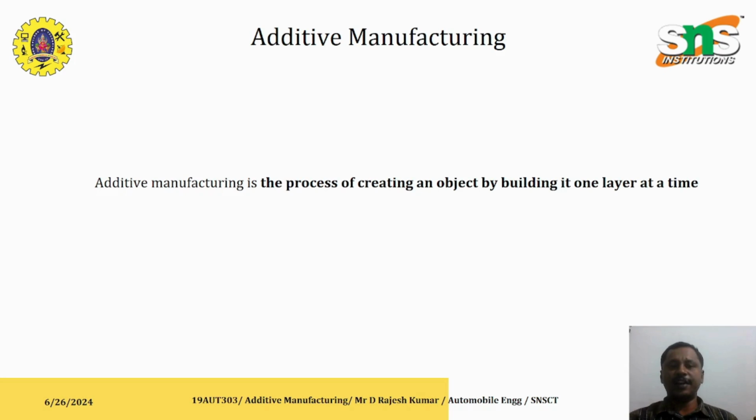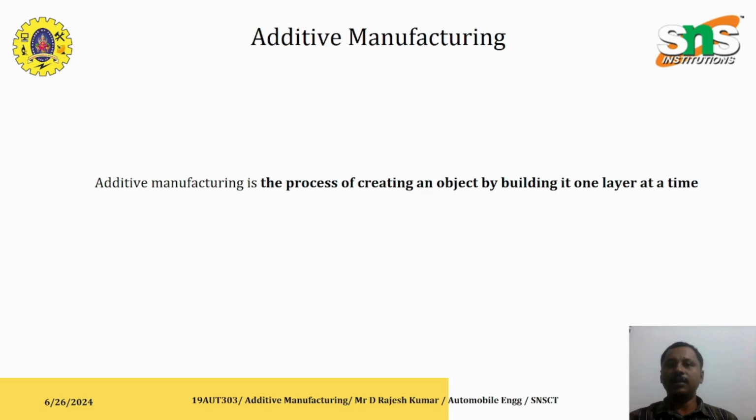Next we are moving on to today's topic, that is additive manufacturing. Additive manufacturing is otherwise called 3D printing or layer by layer manufacturing. So it has three different names: 3D printing, additive manufacturing, and layer by layer manufacturing. Here they create an object in three dimensions, namely X, Y, and Z dimension.